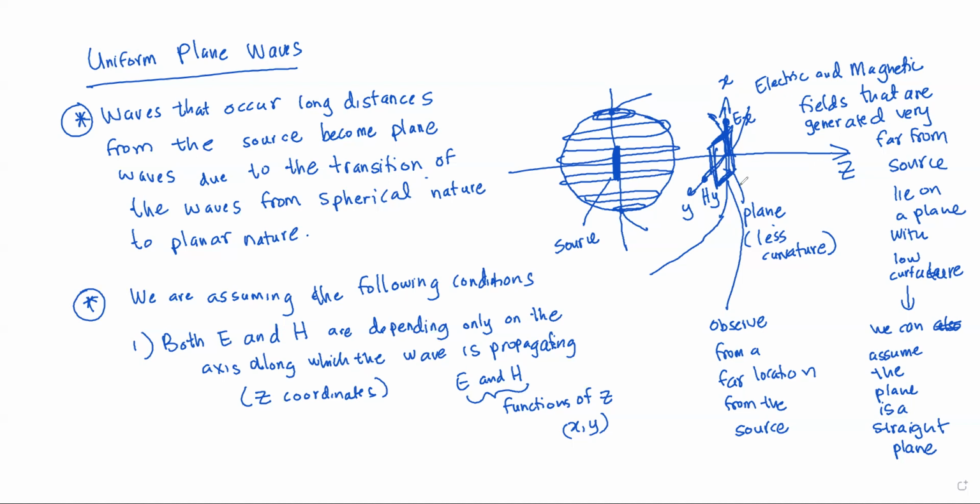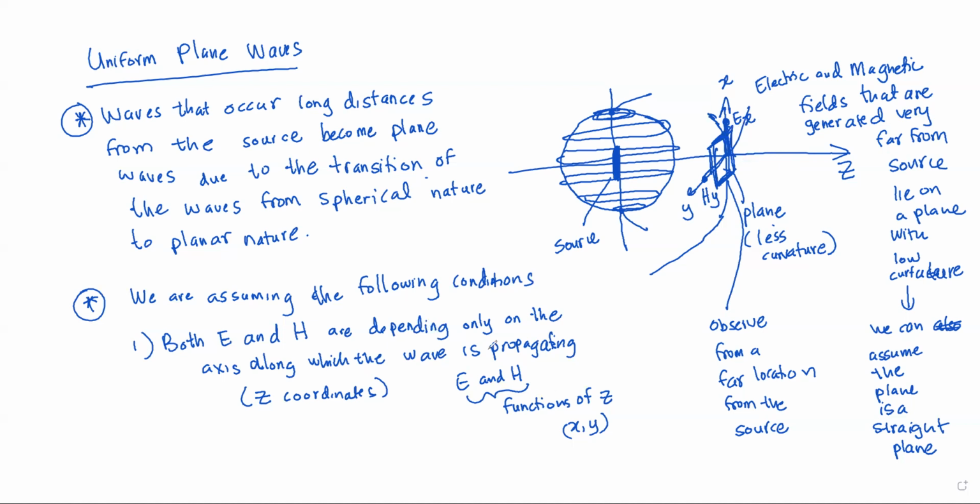Just because it is moving along Z, the electric field depends on Z. It's not changing its amplitude over Z, but it depends on Z. I mean, it will change its amplitude if it is moving within a certain medium. But if we assume this wave is moving in free space, then the amplitude won't change even if it is moving along the Z direction.